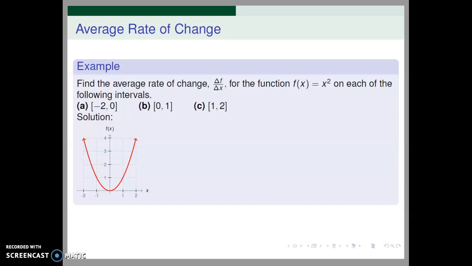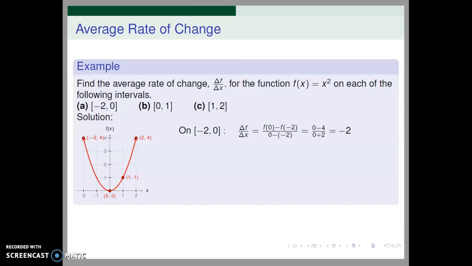This also prevents me from staring at a blank page and not knowing what to write to start the problem. Let's add points on the graph that correspond to the endpoints of the 3 closed intervals. Notice that the function values are easy to read from the coordinates of these points.